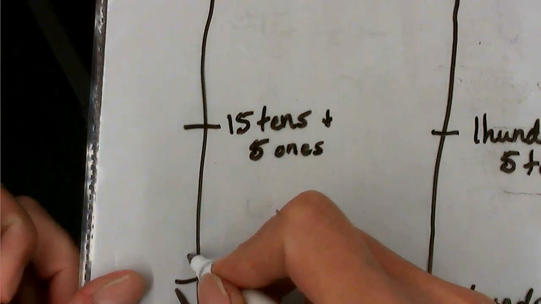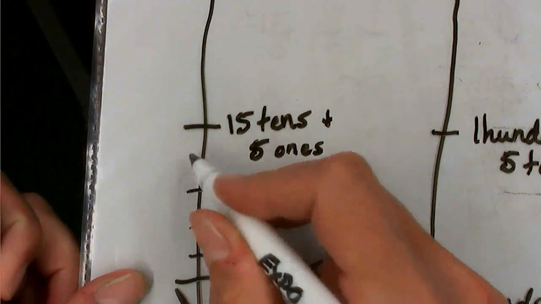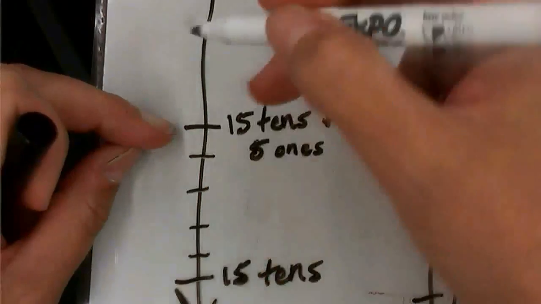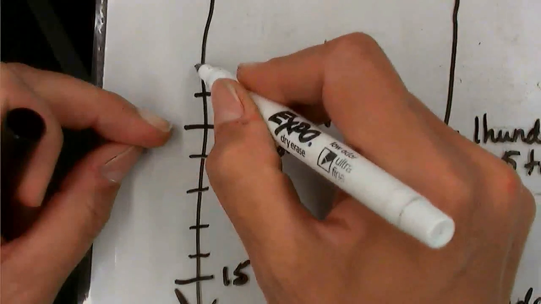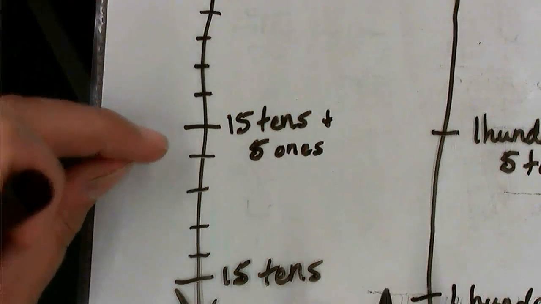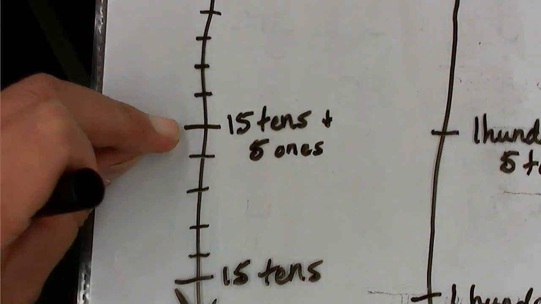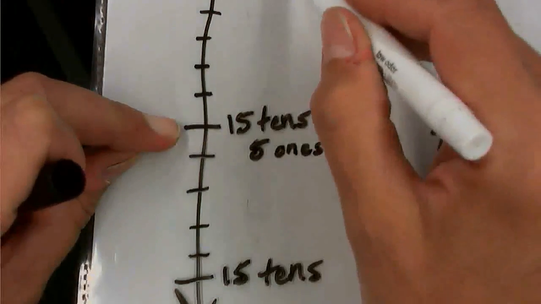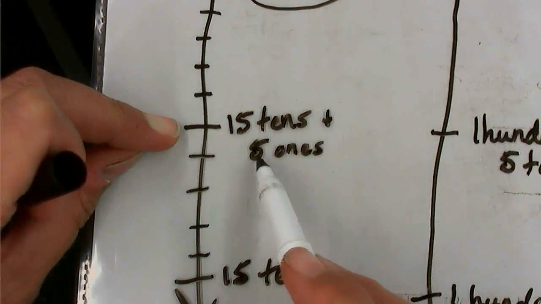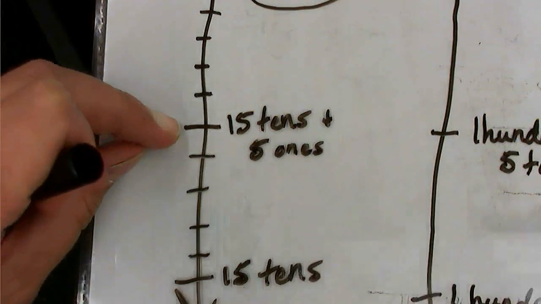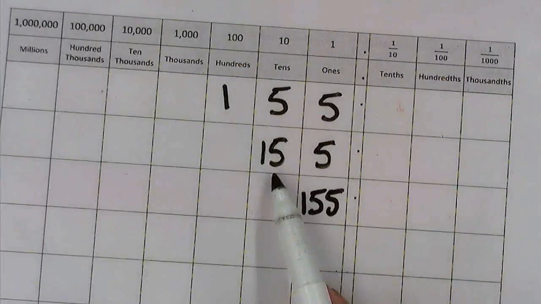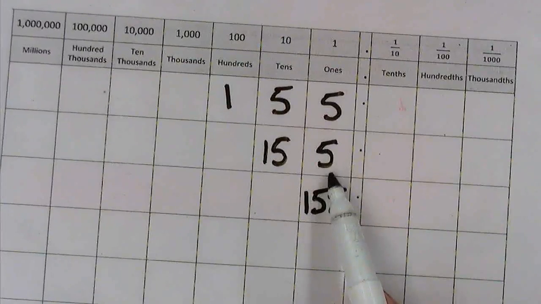When we look at that, we've got 1, 2, 3, 4, and when we've got 5 of them, we're halfway there. Here's 6 of them, 7, 8, 9, and then we're at 10. So we can tell that if we're here, we're pretty close to this. If you're rounding and you have a 5 in that place value, right here we had 15 tens and 5 ones.